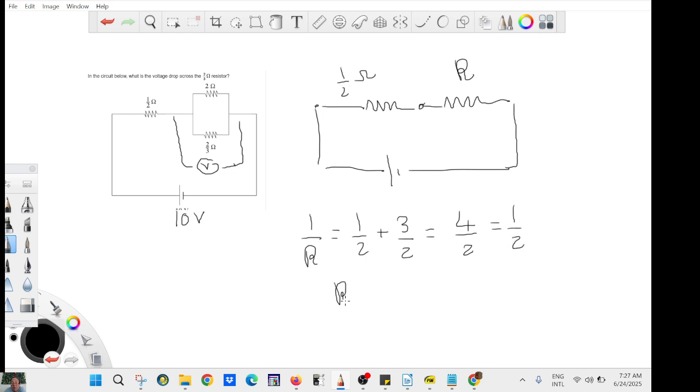So the equivalent resistance will be 1/2, so that's going to be 1/2 ohms. And this is 10 volts. The resistance is the same, so the voltage here will be 5 volts, and the voltage here will be 5 volts. So the answer is 5 volts.